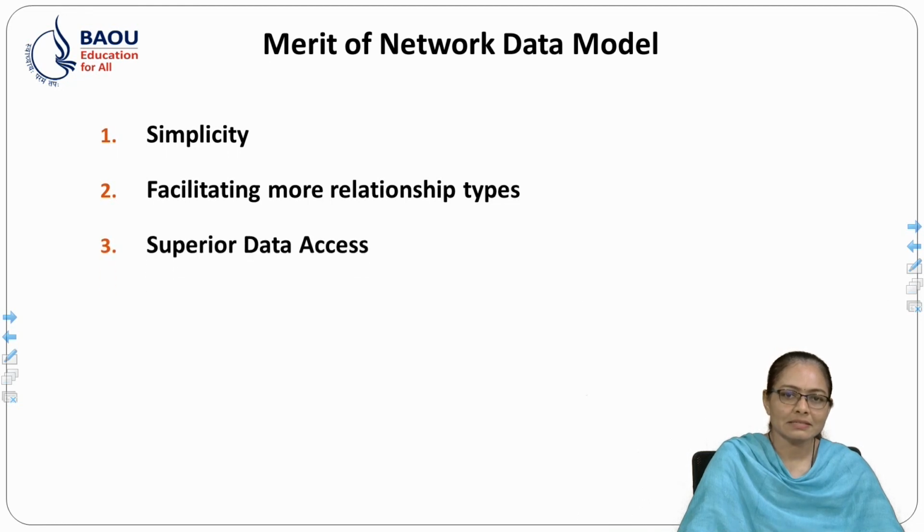Now, next is superior data access. An application can access the owner record and all the member records within the set or relationship. Hence, this model is better than the hierarchical for data access and is flexible. Now, the next is data integrity.